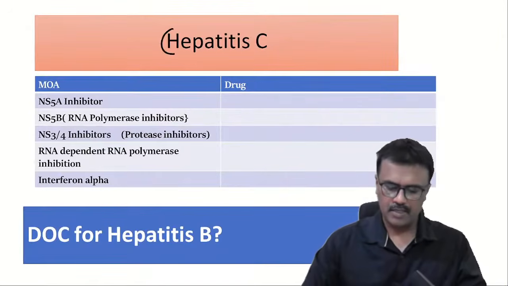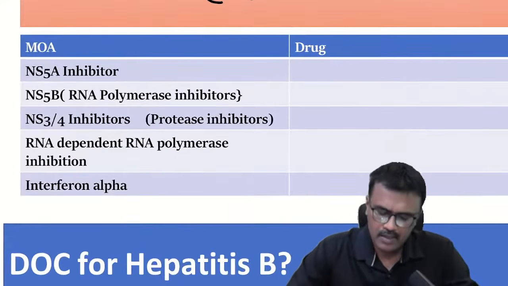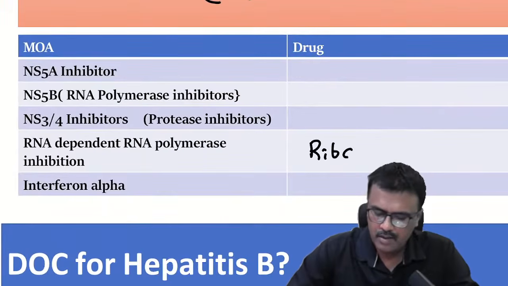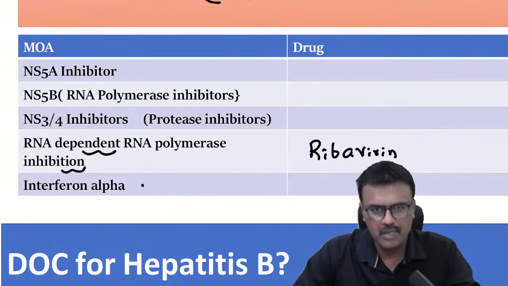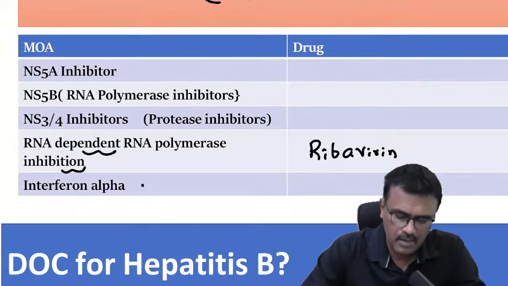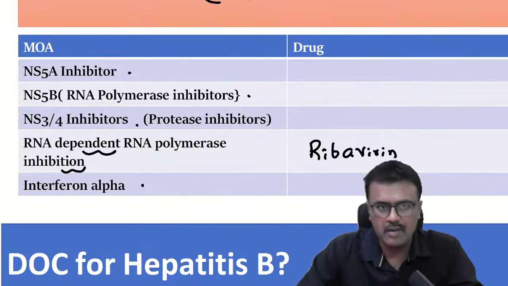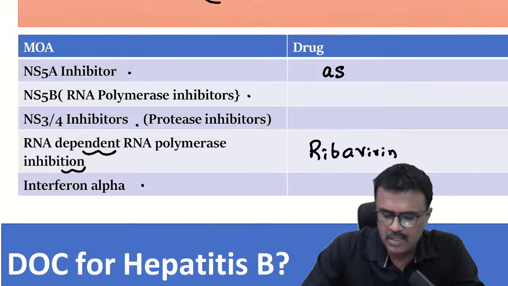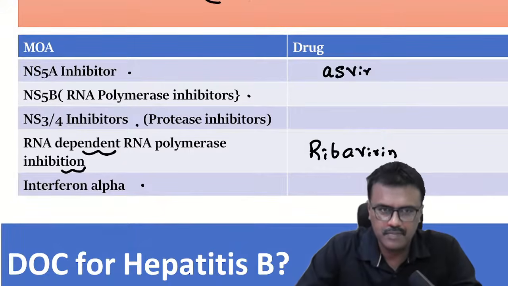Coming to hepatitis C, the older drugs are ribavirin, an RNA-dependent RNA polymerase inhibitor, and interferon alpha, whose mechanism is unknown, but it is used for hepatitis C. But the newer drugs are NS5A inhibitors, NS5B inhibitors, and protease inhibitors. NS5A inhibitors end with -asvir, for example ledipasvir.